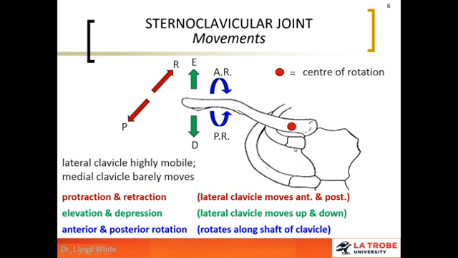So using elevation as an example, as the clavicle is elevated, this center of rotation doesn't move. However, the lateral end of the clavicle will move superiorly, and the medial end of the clavicle will move inferiorly within its socket. So we end up seeing a high degree of mobility at the lateral end of the clavicle, but we don't really see much movement at the medial end of the clavicle.